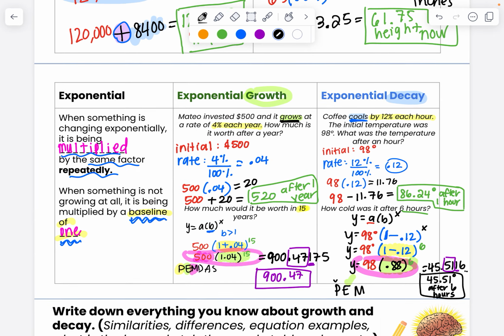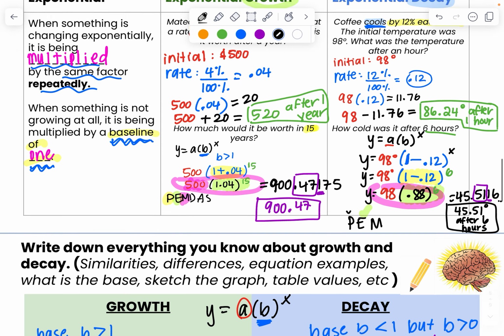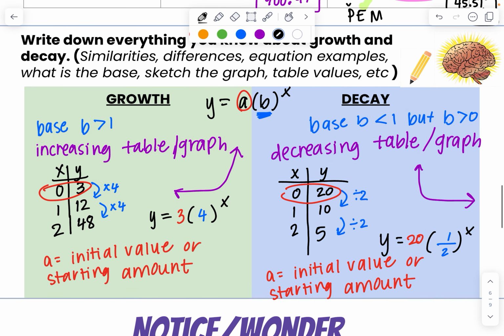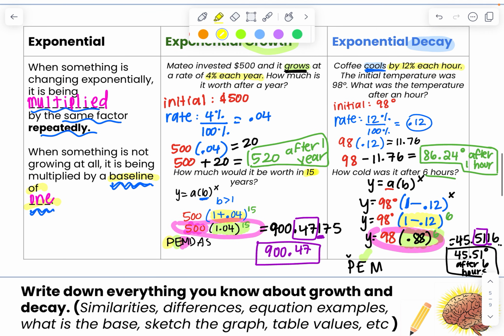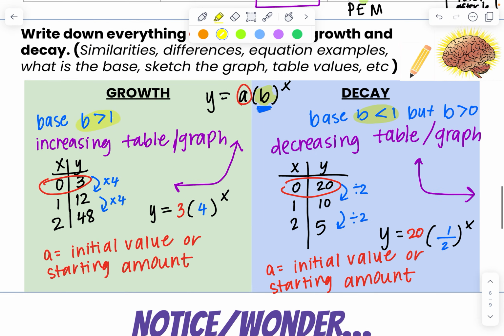Okay, so I hope you're starting to see how things are coming together, how things are relating back to exponential growth and decay. Just a reminder that we know the bases are either going to have to be bigger than 1 for growth or less than 1 for decay, and that was happening in our last exponential growth and decay problems.